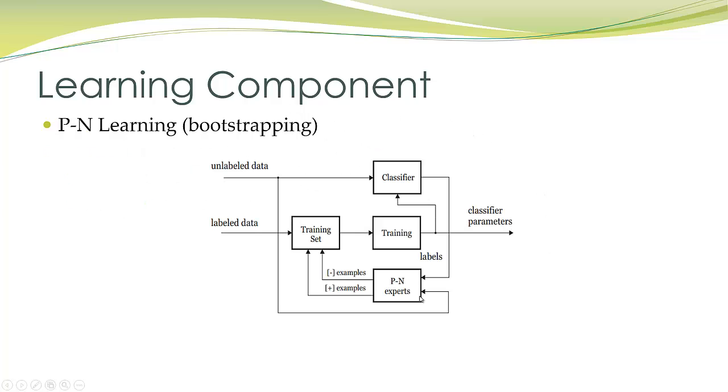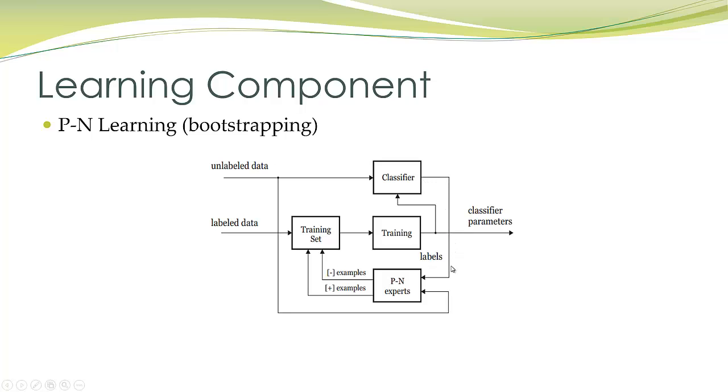We can see from this diagram that the P-expert generates positive examples and the N-expert generates negative examples for the training set. This training set is fed into the detection stage for training, and you finally get the classifier parameters. The unlabeled data goes through the classifier and gets classified results.